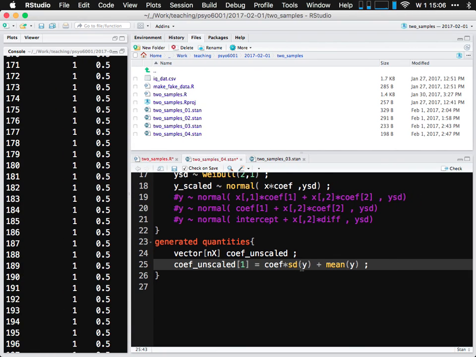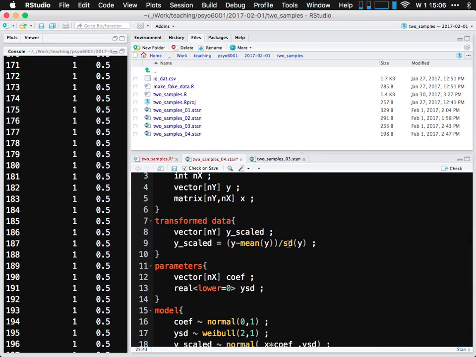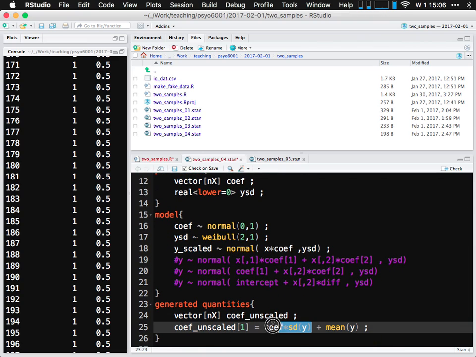It does matter, because up here we subtracted the mean first and then divided by the standard deviation. So you need to multiply by the standard deviation first and then add back in the mean.